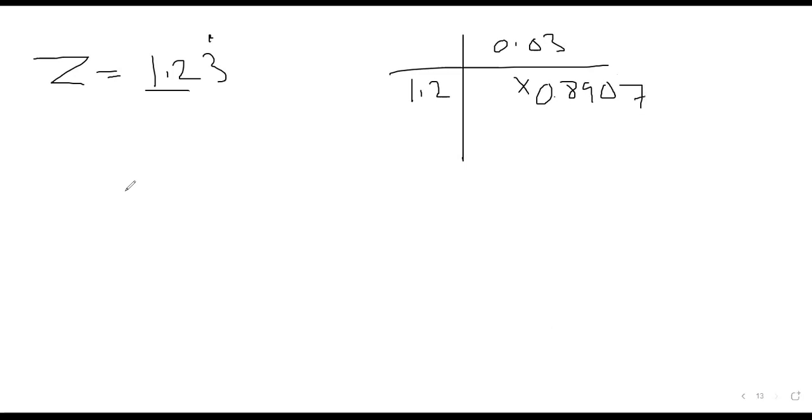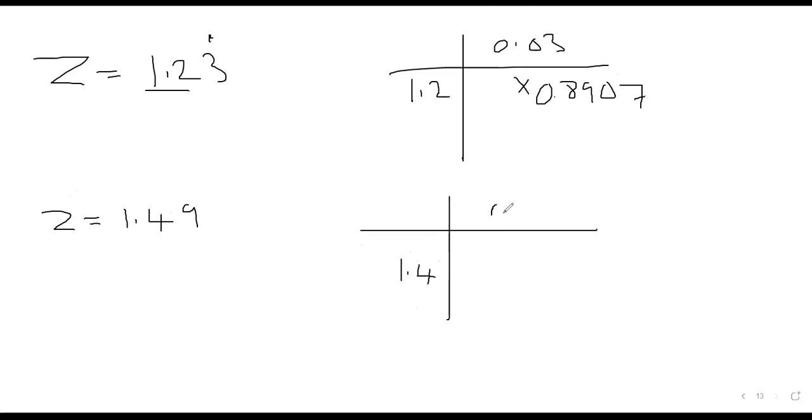So can you tell me now, if I gave you a Z of 1.49, so which numbers do I get this side? 1.4, right? Then on top, which number do I get? 0.09. Now together to make 1.49.